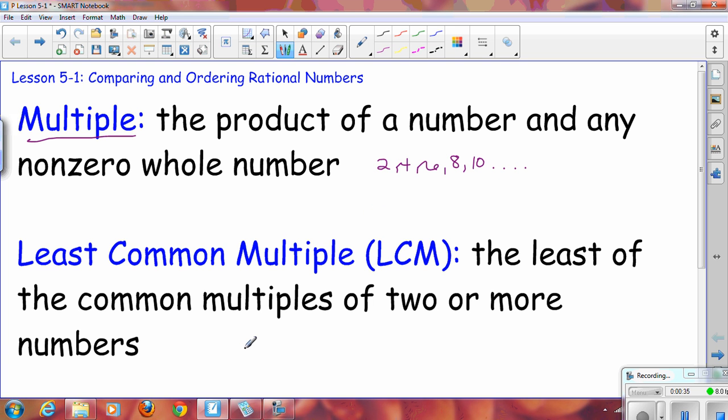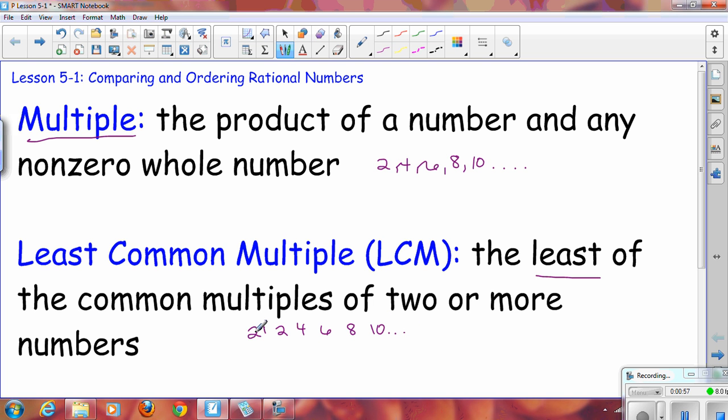The least common multiple is the smallest or the least of the common multiples of 2 or more numbers. So the multiples of 2, as we said, are 2, 4, 6, 8, 10, and so on.